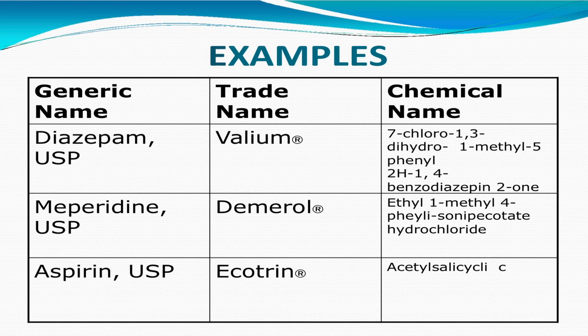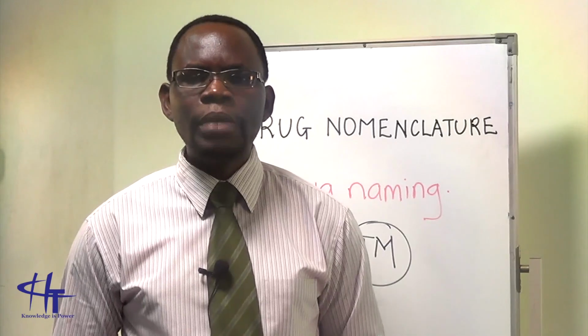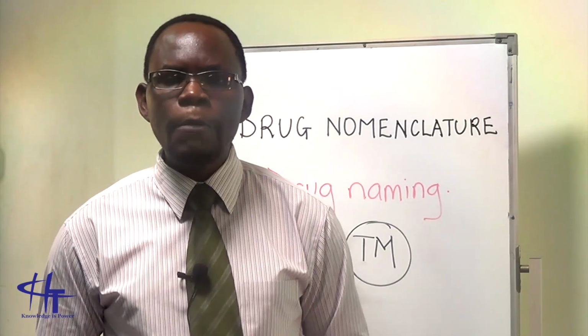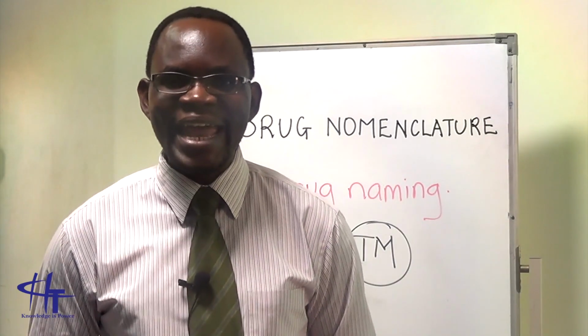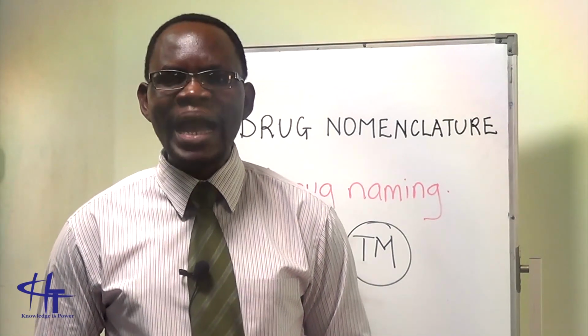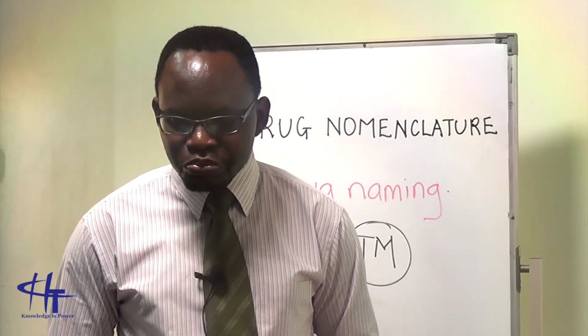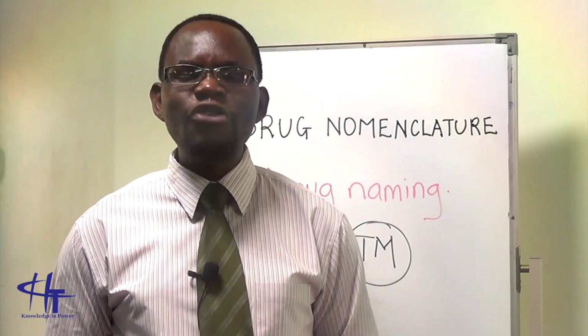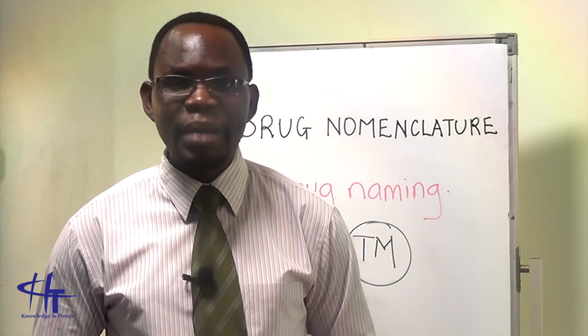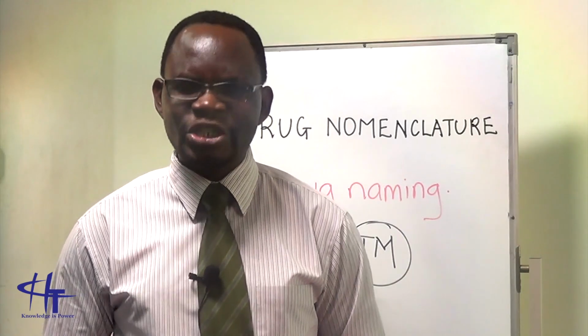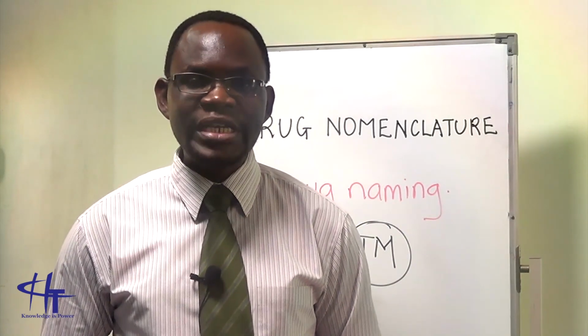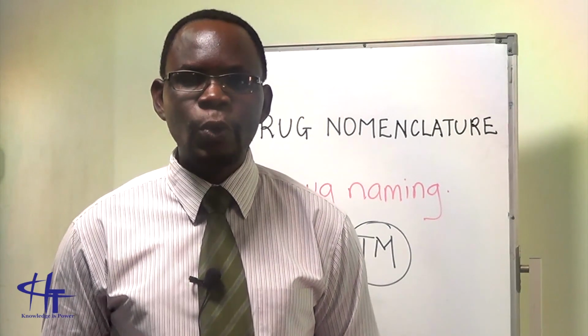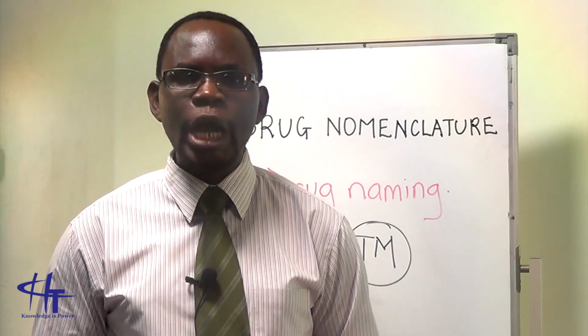And we said that in all the exams we shall be doing, or in further pharmacology that you will come across, drugs are generally referred to by their generic name. When we come back, ladies and gentlemen, we shall see drug classification. But before we go into that, let us do this test to see whether you have understood what we mean by drug nomenclature.